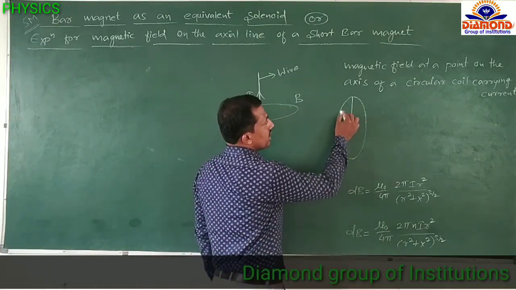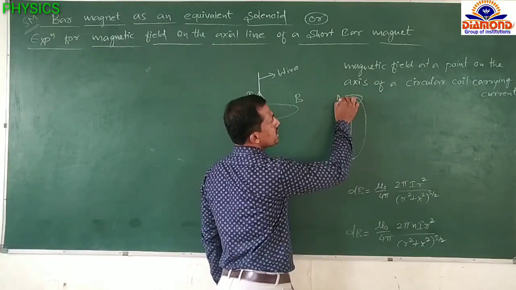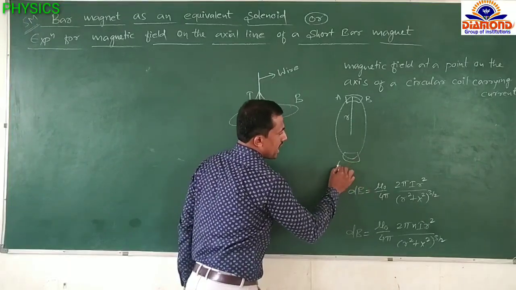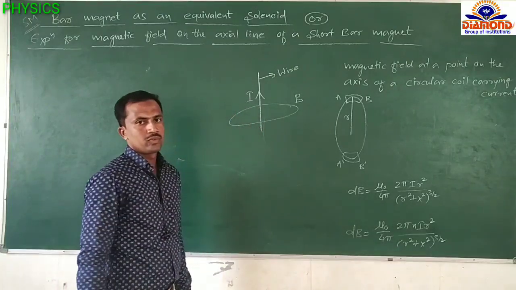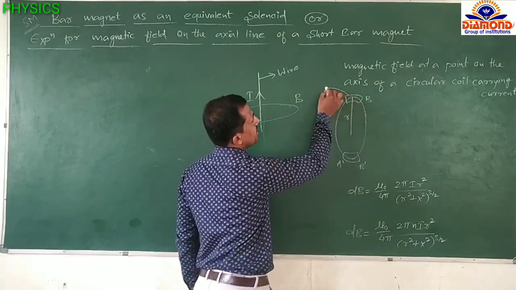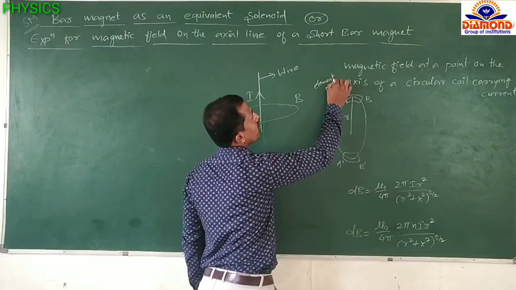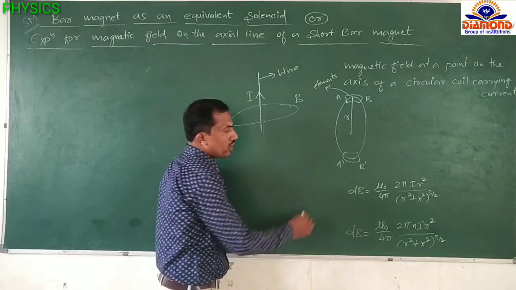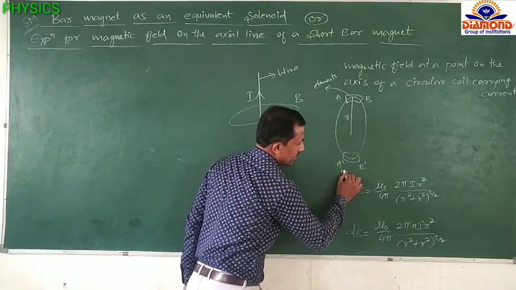This circular coil has two elements: one is AB and another one is A'B', each of length dl.